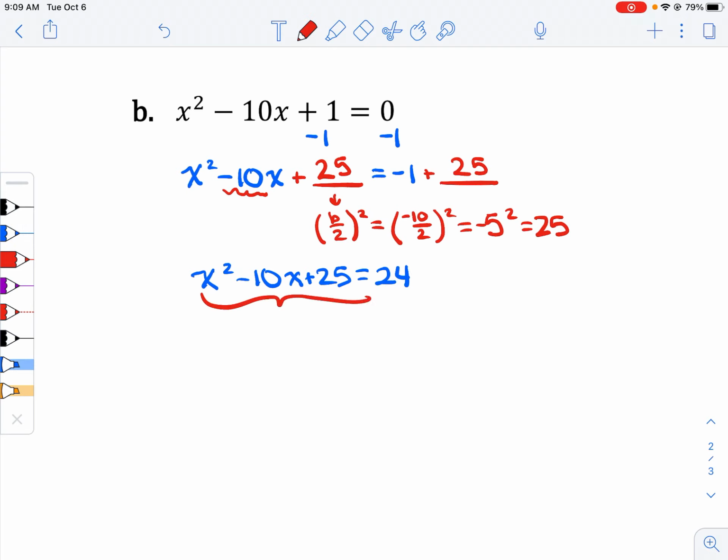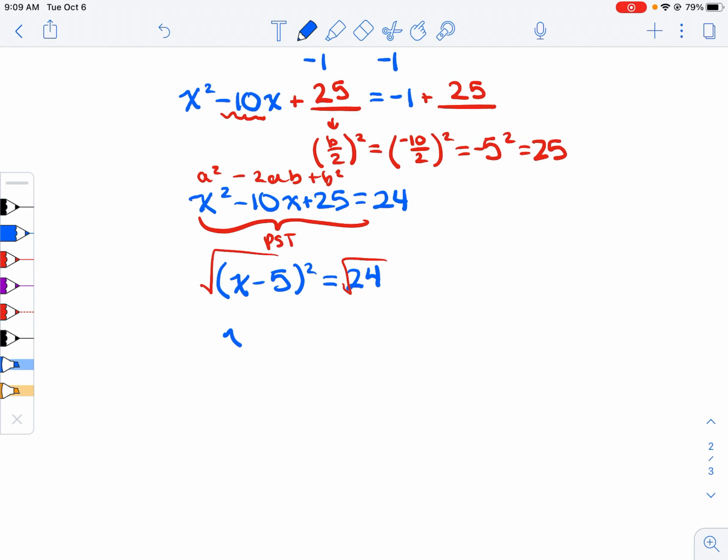Again, this is a perfect square trinomial. It's in the form a squared minus 2ab plus b squared. So my a here is x, my b is 5, so this will factor as x minus 5 squared equals 24. I can take the square root of both sides.